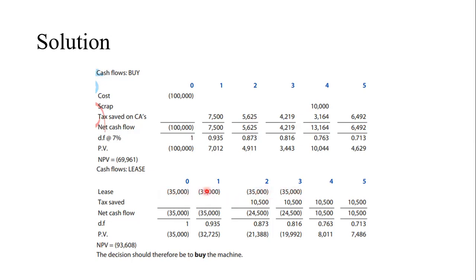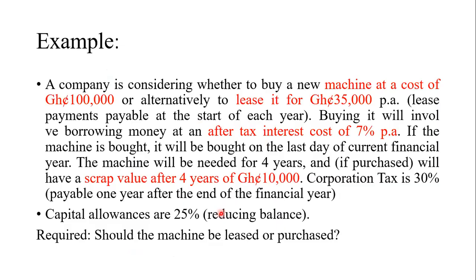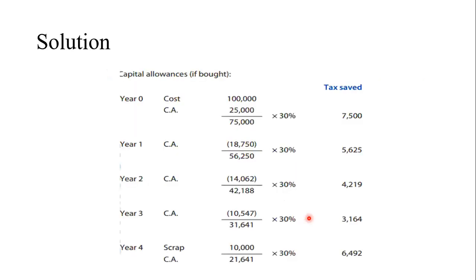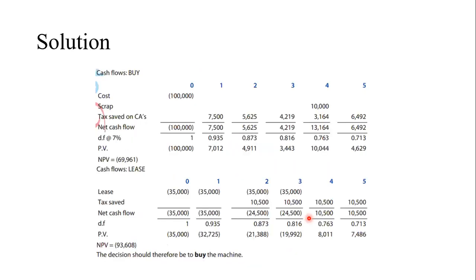Now tax savings is going to be 35,000 times our corporate tax rate of 30%. So 35,000 multiplied by 30%, that gives us 10,500.